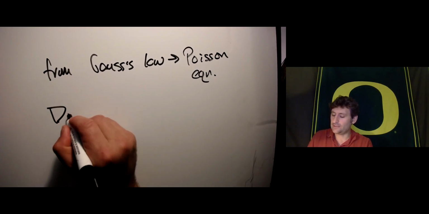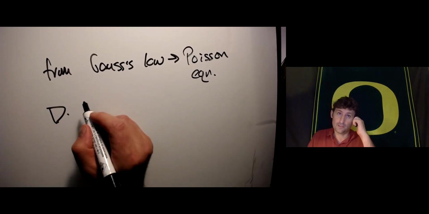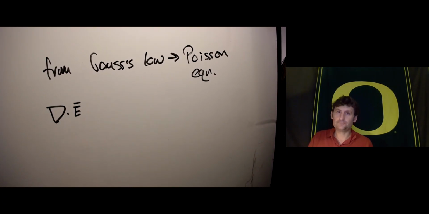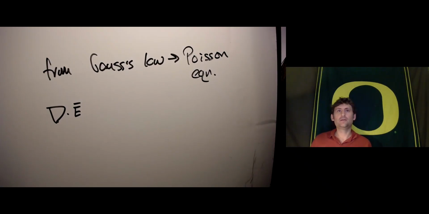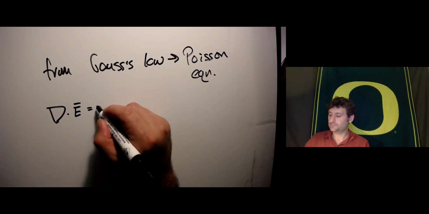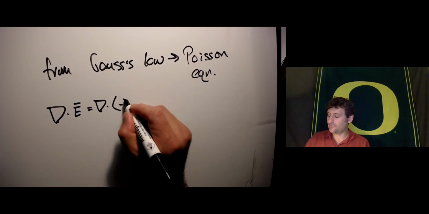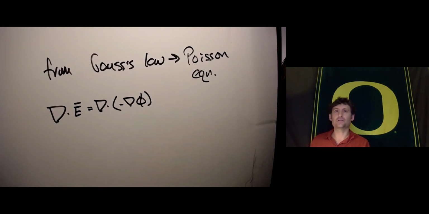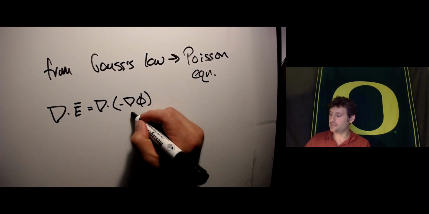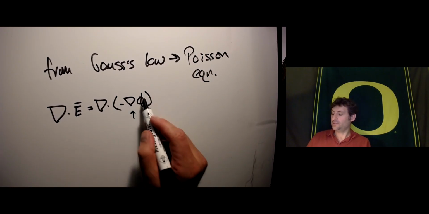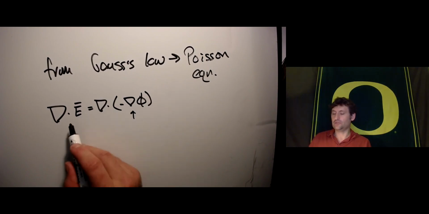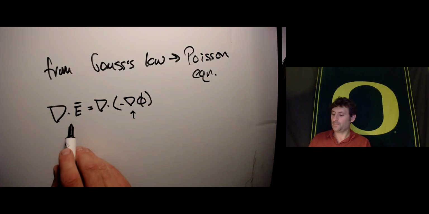And so I can write the divergence of E as equal to the divergence of the negative gradient of phi, the electrostatic potential. Okay, so essentially the derivative of the electrostatic potential gives me the electrostatic field.